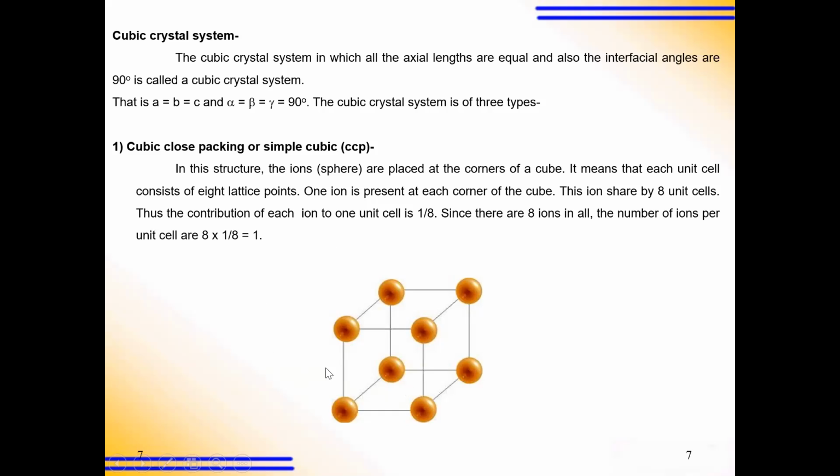So in this way, this is the ions sharing within the unit cell, and this is the arrangement of the cubic close packing or simple cubic packing, right? So this belongs to the simple cubic unit cell.